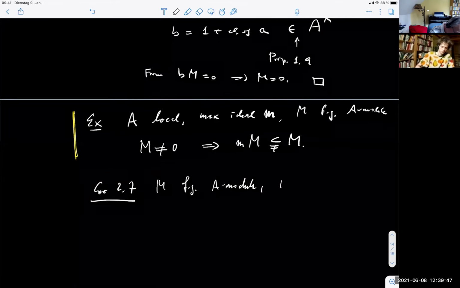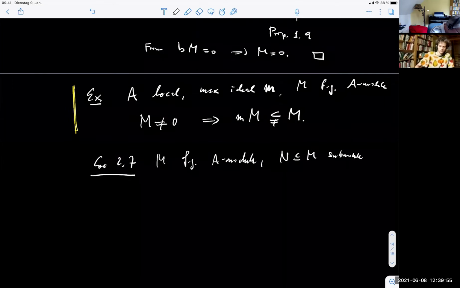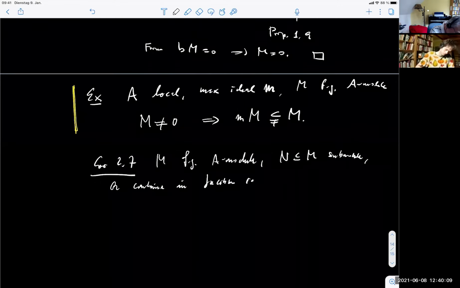Then I have a submodule N of M, and I have an ideal A. It's always this generality. It's contained in the radical ideal, the Jacobson radical, of A.